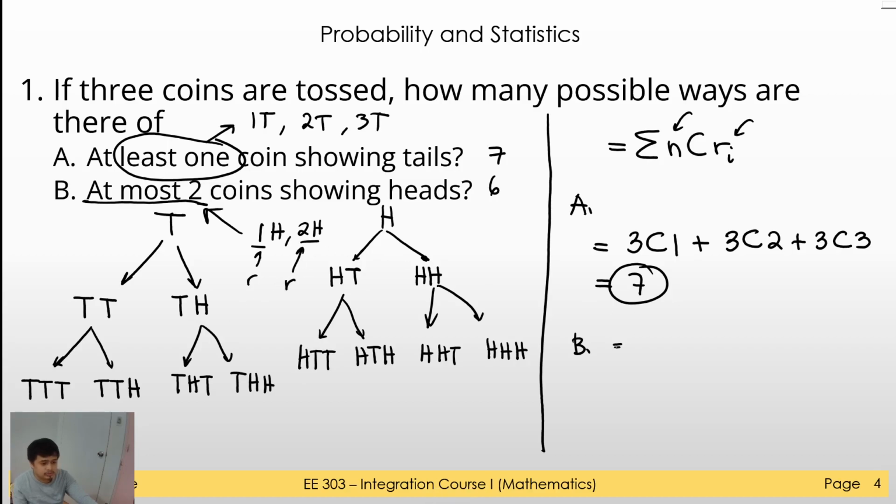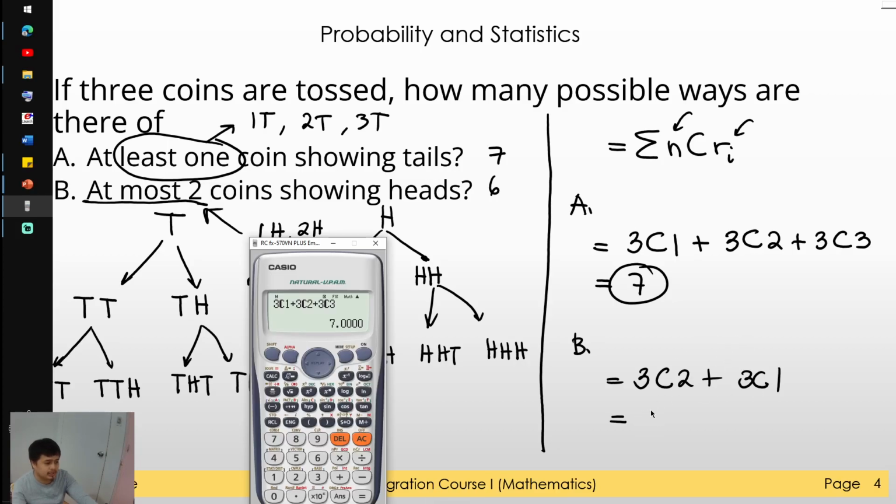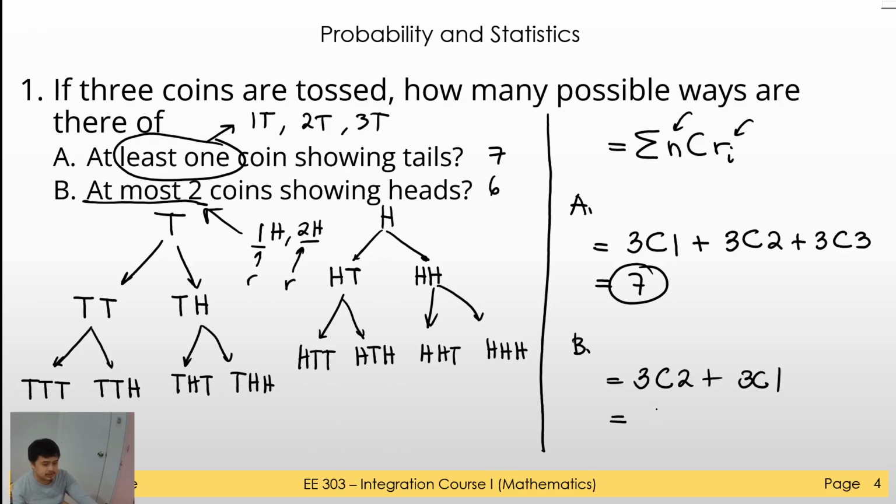So this will be equal to 3 combination of 2 heads plus 3 combination of 1 head, or this can be commutative. So the answer is 6. Okay, so there is a manual method and there is a shortcut method using the concept of combinations.